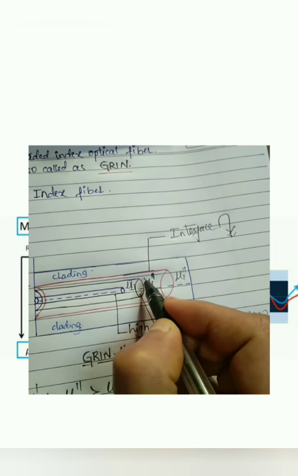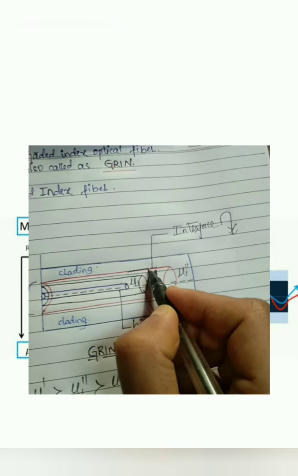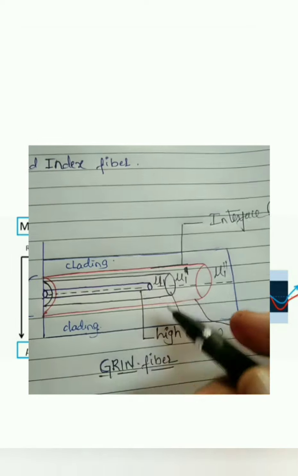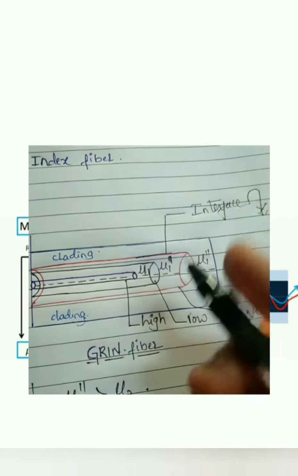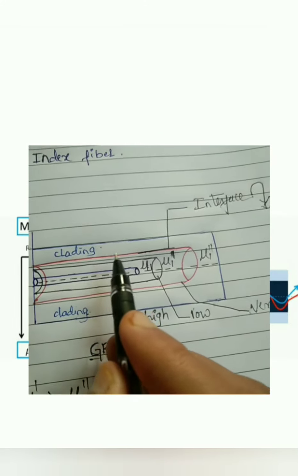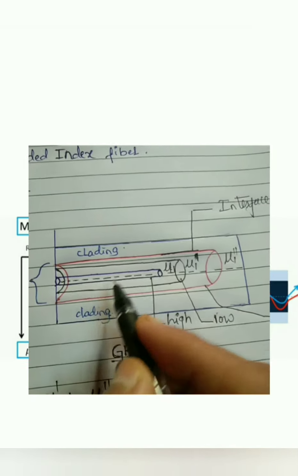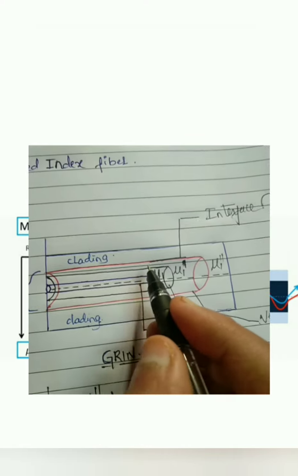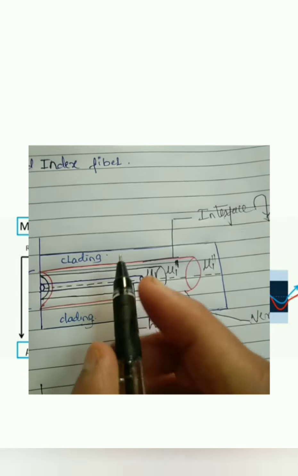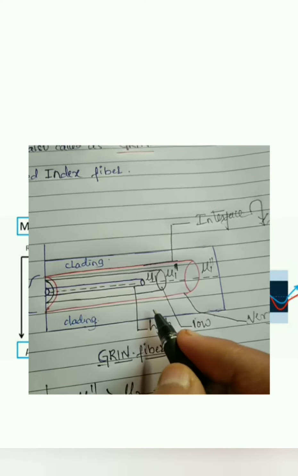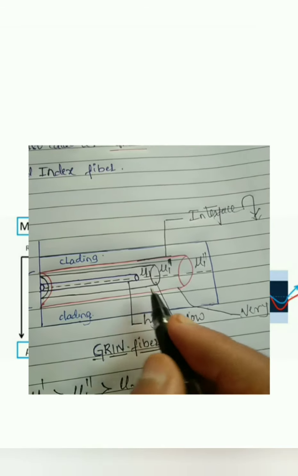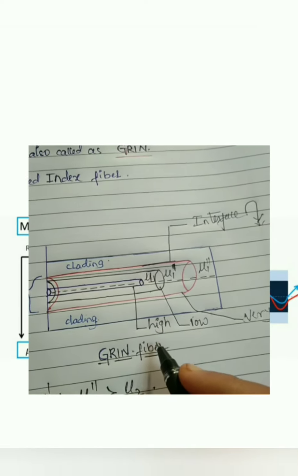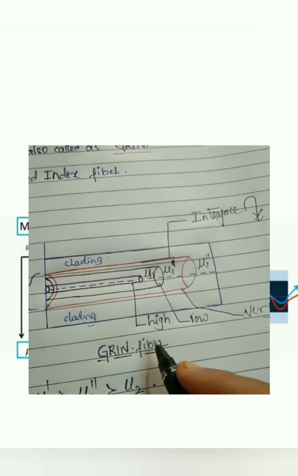See, it is difficult to show three layers in one complete optical fiber, so I have drawn it separately to understand this. The first layer has a high refractive index. The second layer is less, so it decreases. The third layer's refractive index also decreases. The outermost layer is cladding and its refractive index is constant.